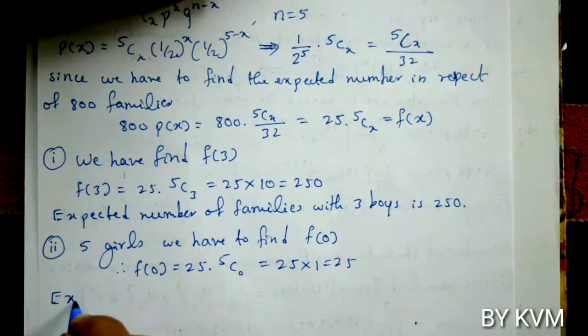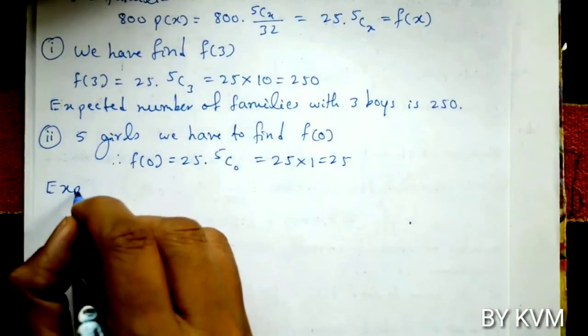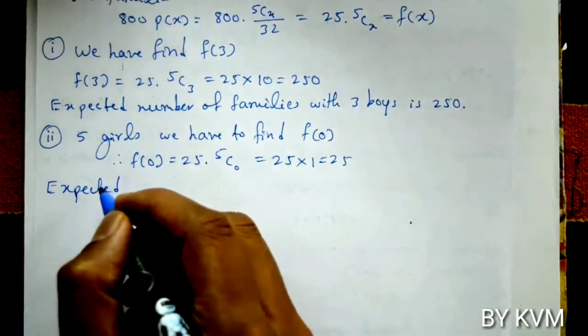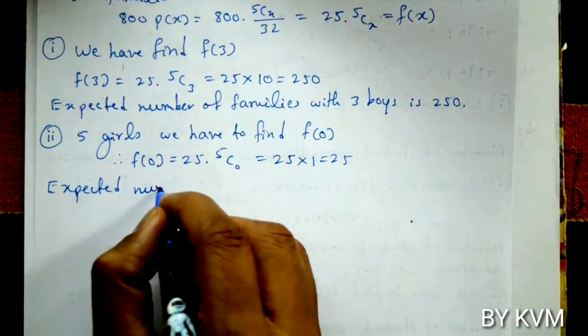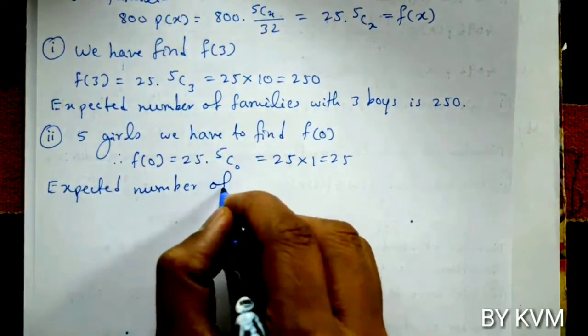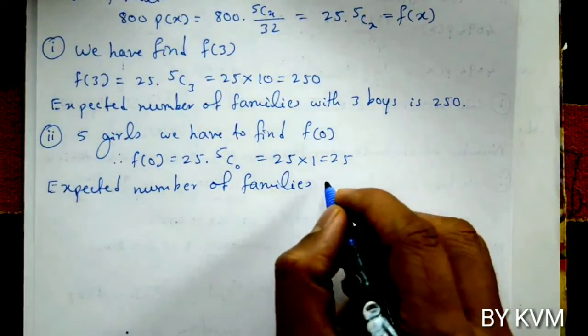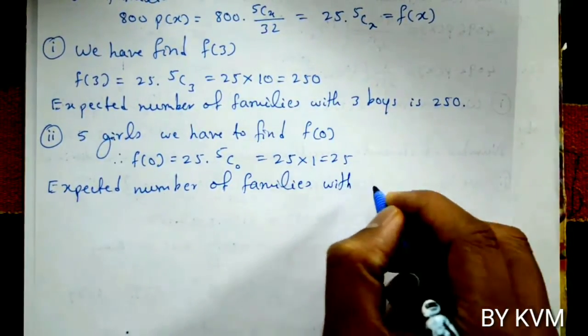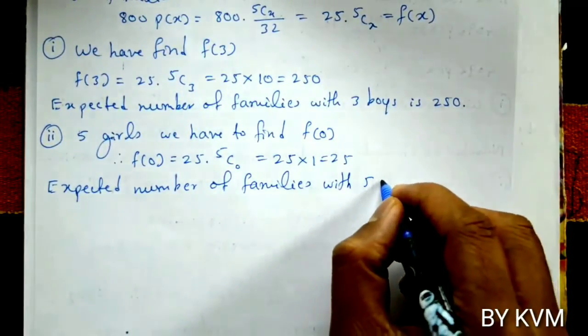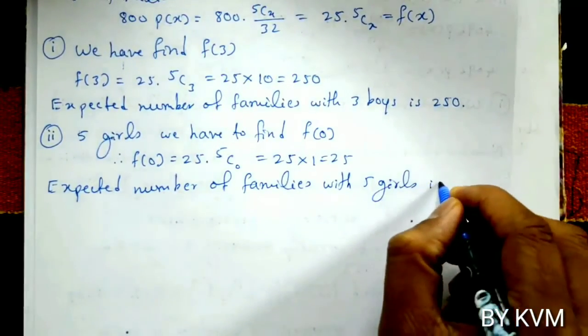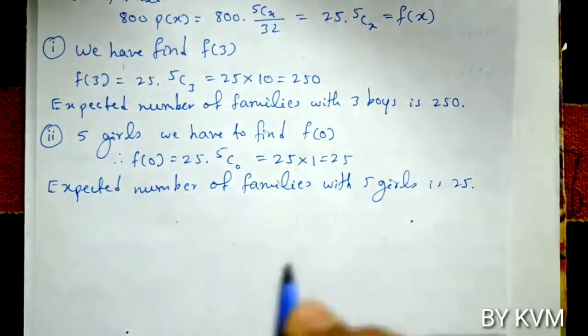So, it is f of 0. f of 0 is 25 into 5 c 0, which is equal to 25 into 1, which is equal to 25. So, the expected number of families with 5 girls, 5 girls means 0 boys, is 25.